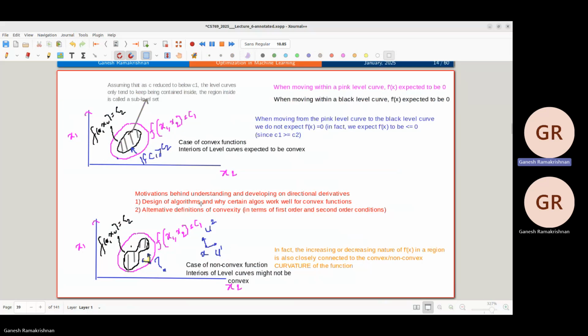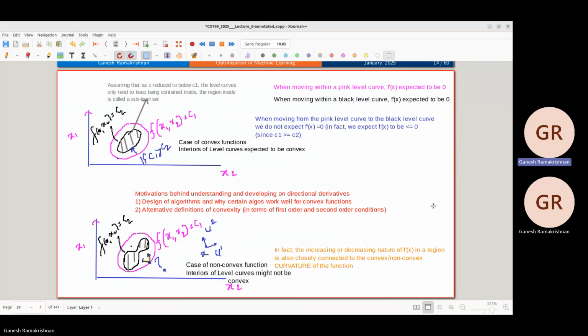So directional derivatives are important first of all to help understand the geometrical implications of such level curves on function convexity, but also how algorithms get designed, why certain algorithms work well, why some of them don't work well, why some algorithms are very sensitive.